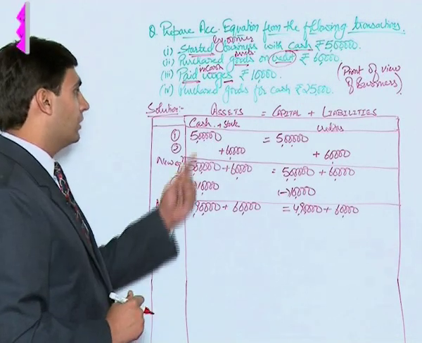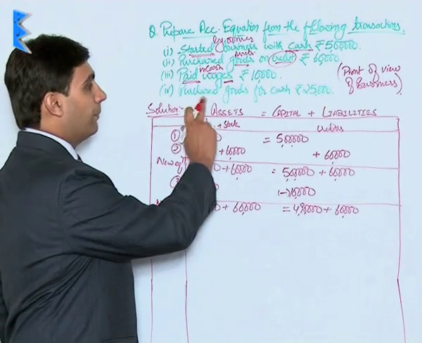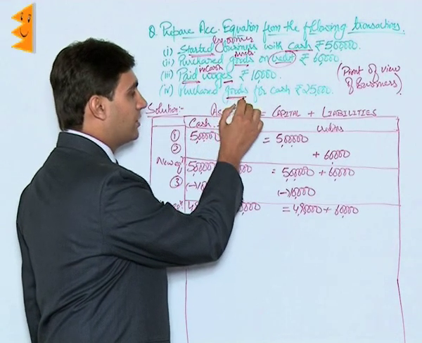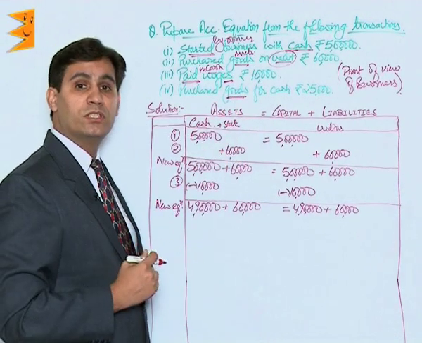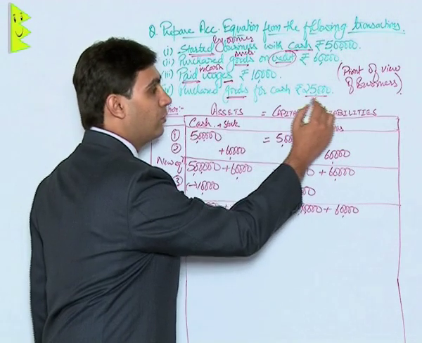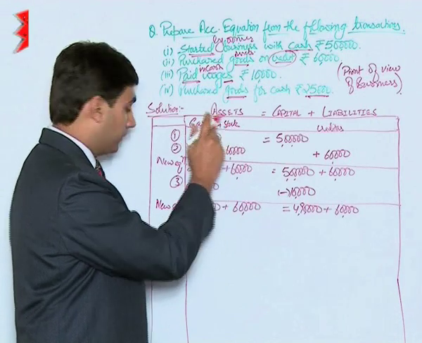Now students, coming to the last transaction in this example, purchased goods for cash. Now we have purchased goods. Since we have purchased goods, there must be an increase in the stock. By what amount? 25,000. We already have a column of stock.